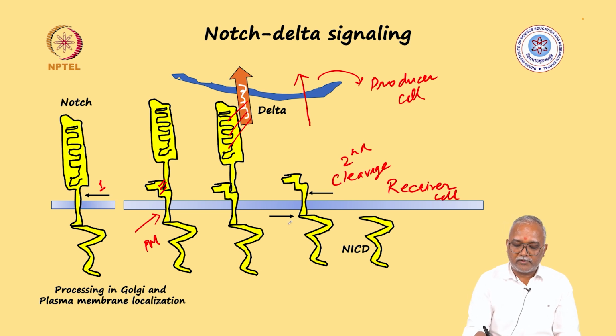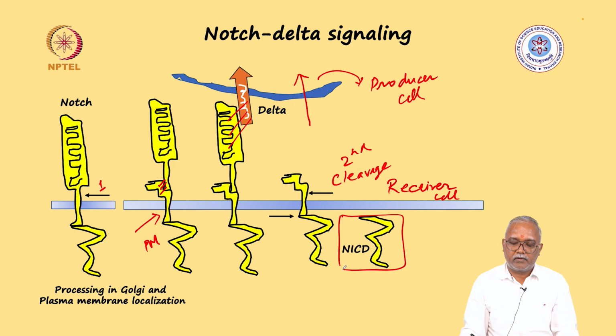Then the third cleavage happens inside the cell in the intracellular region, which generates the Notch intracellular domain. There is a set of molecules which work here, called gamma secretase. This is the protease which is working and generating the NICD.